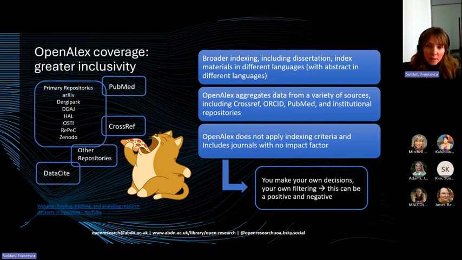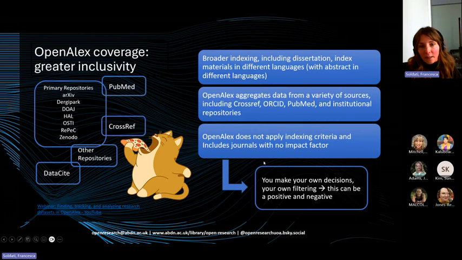Then they decide that the content is going to be indexed in their database. OpenAlex doesn't have such a strict selection process. They want to be a bit more inclusive. So they are happy, for example, to index journals that don't have an impact factor yet, or new journals, because they want to give visibility also to journals or publishers that have a bit less resources.